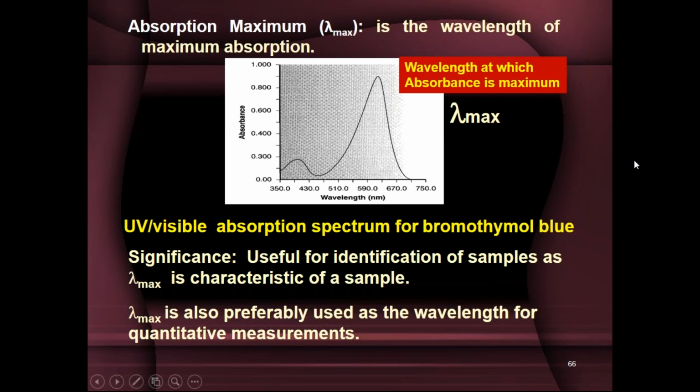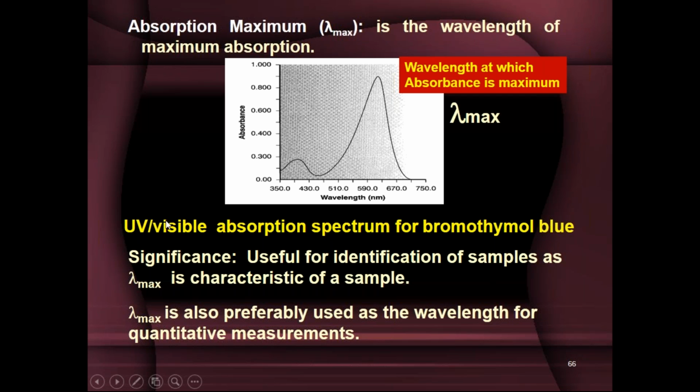What is the significance of lambda max? It is useful for identification of samples, as lambda max is characteristic of a sample. So in a given solvent, you will get a particular lambda max for a given sample. So it could be used for identification of samples.